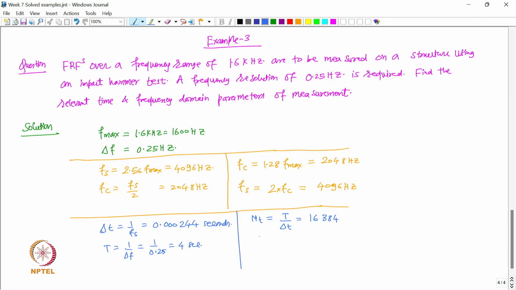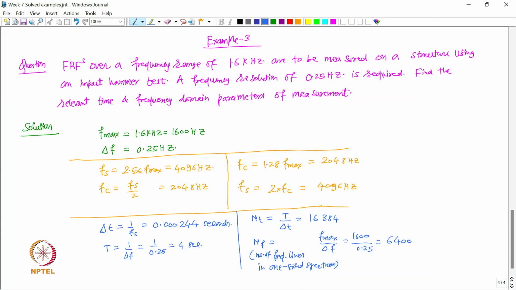And the number of frequency lines in the single sided spectrum, that is, the number of frequency lines in the one sided spectrum, would be equal to f max divided by delta f, which is 1600 divided by 0.25, that is 6400 lines, right.